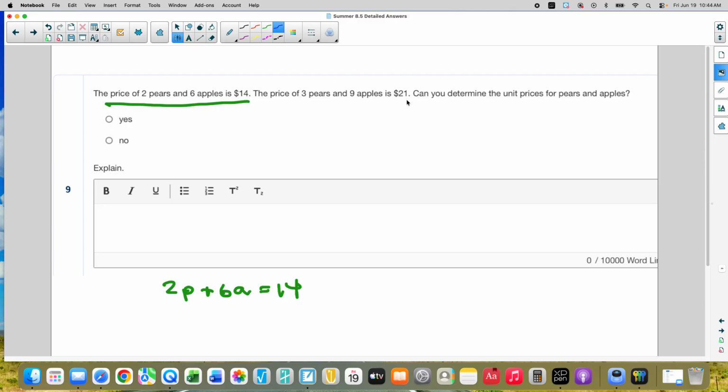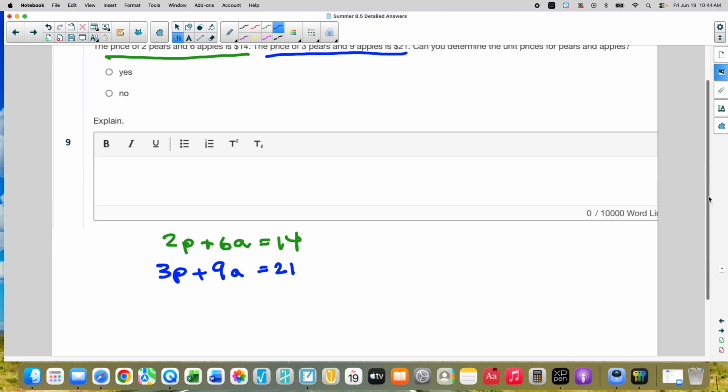And then 3 pears plus 9 apples equals $21. So we can graph it, we can substitute, we can eliminate. I'm going to use elimination, and I'm going to cancel out the p's. So I'm going to multiply the top by -3 and the bottom by 2 and see what happens.